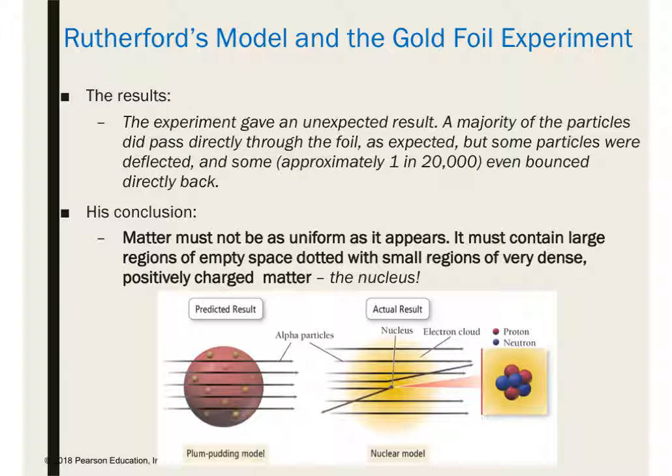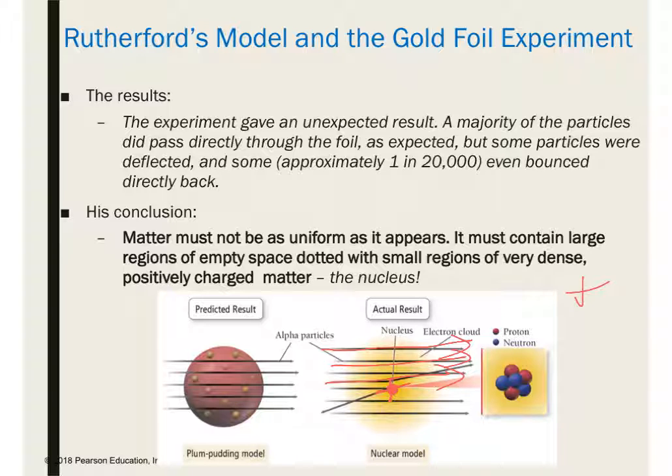And so what he concluded then is that there was some region in these gold atoms that was very dense and also repelled positive charge. So he made the conclusion that this very dense area with a positive charge was in the center of each atom, and that when the alpha particles were shot, most of the time they went straight through, that is, if they did not encounter the nucleus.